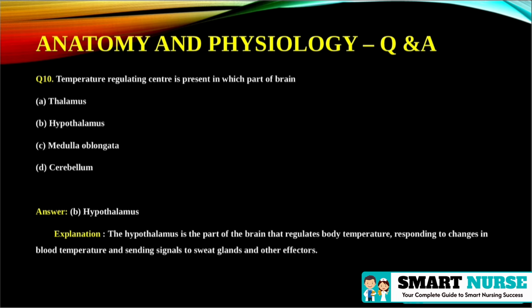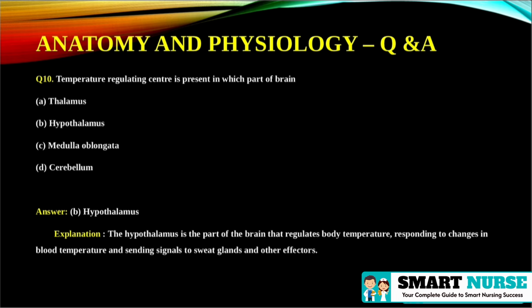Option B hypothalamus, its function is to regulate thirst, hunger, water and food intake, heart rate, body temperature, blood pressure, emotional expressions, and sleep-wake cycle. Our whole sleep-wake cycle is based on our hypothalamus.